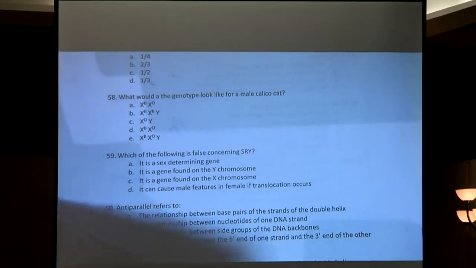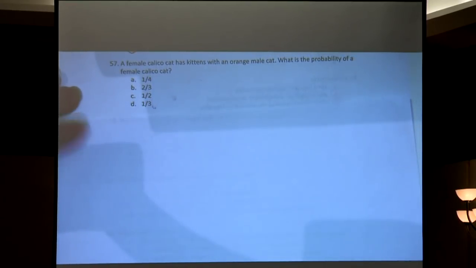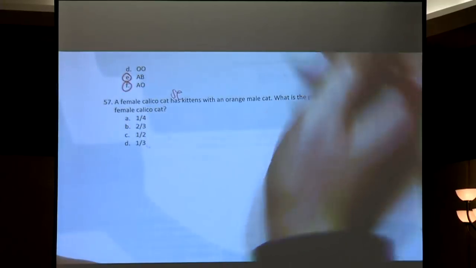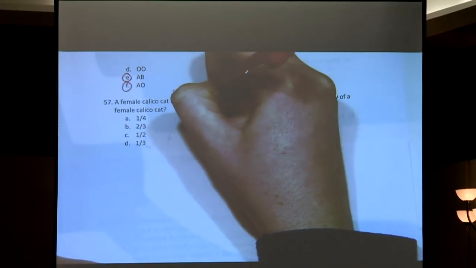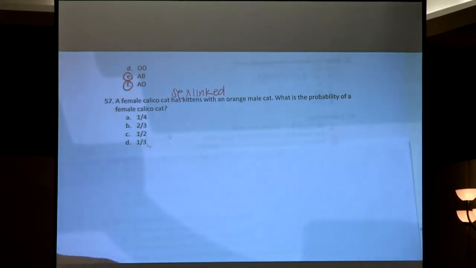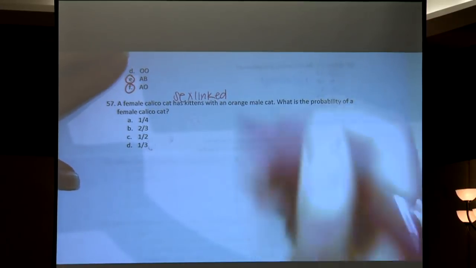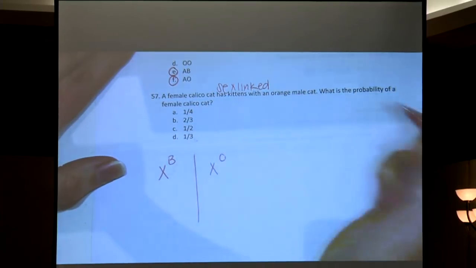So she's also guaranteed that you guys will have a calico cat question. All right? So in the case, calico cats, specifically, this would be sex links. So a female calico cat should have the presence of XB and XO.